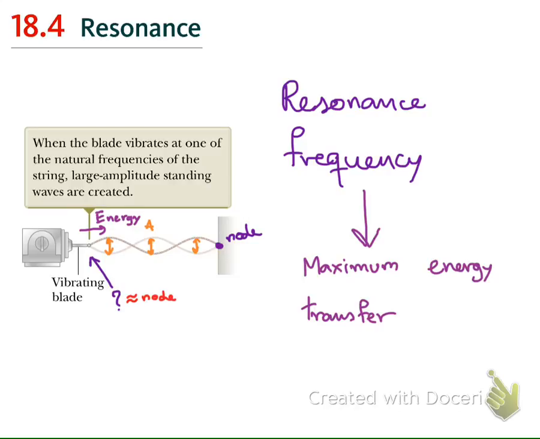So the standing wave is very important in the sense that if you want to create the vibration on the system with fixed ends, you must give the appropriate frequency to get the maximum energy transfer to the system.